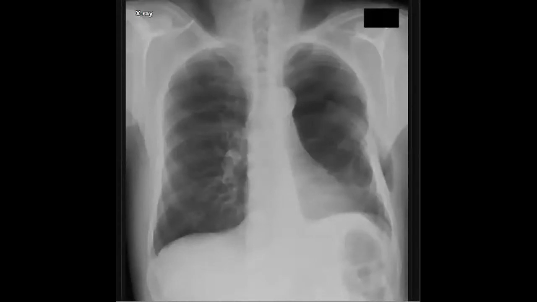This patient did another follow-up after a period of time. So what do you see here? There is a nice rib fracture. Perfect. This is a rib fracture. He's the same patient.